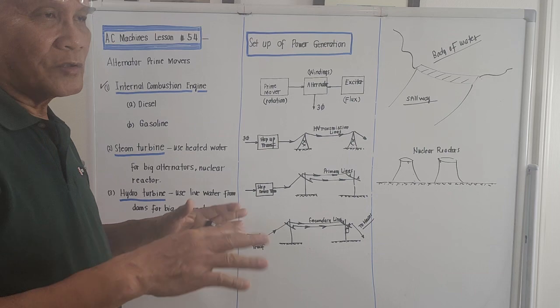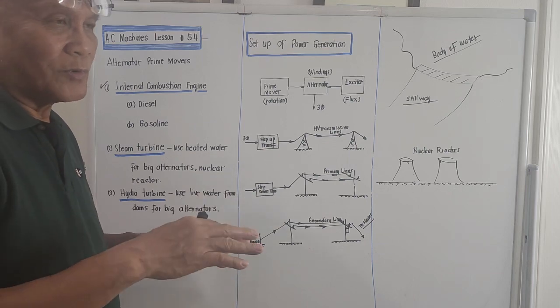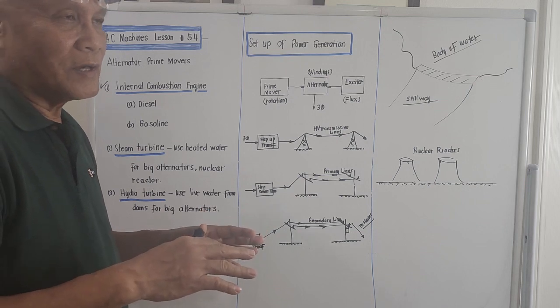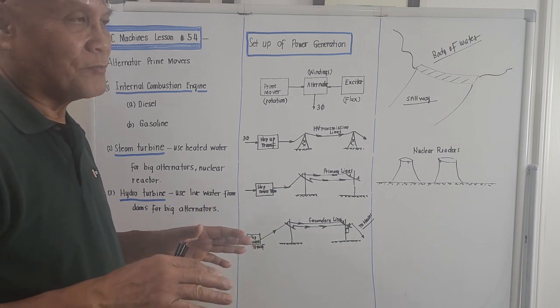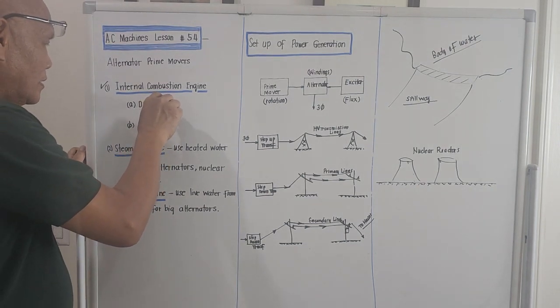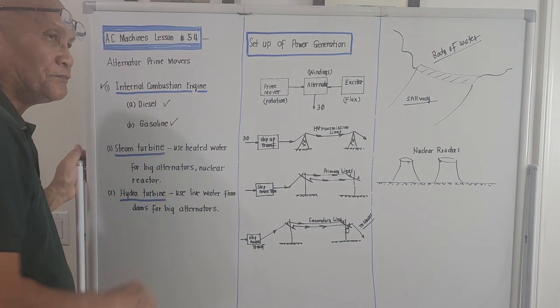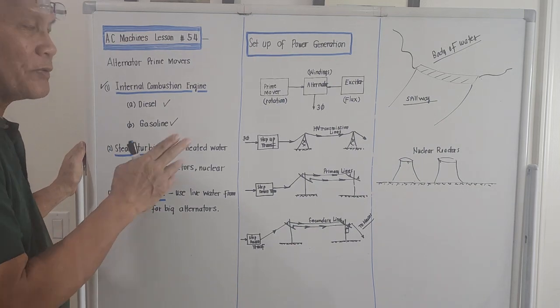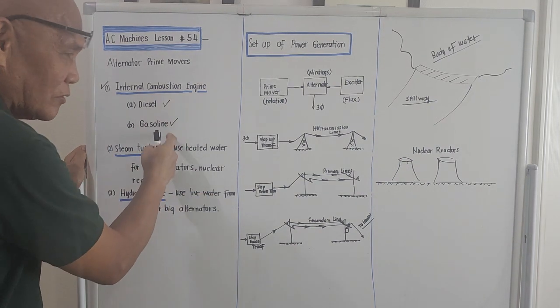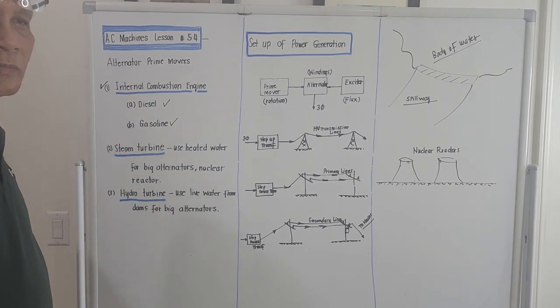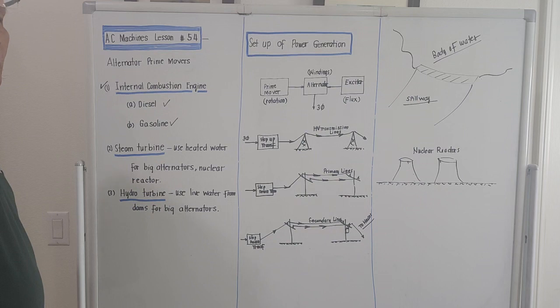So if the alternator is only for a small community, we could make alternating current, and the prime mover for that one could be a diesel engine or a gasoline engine. The power output is not so big, because diesel and gasoline are very expensive, like right now.